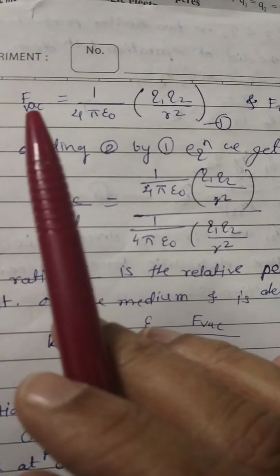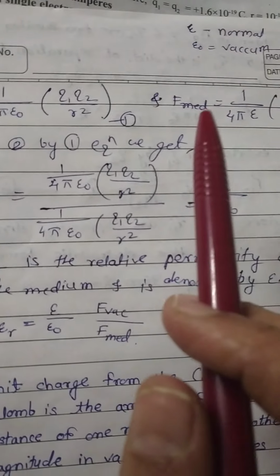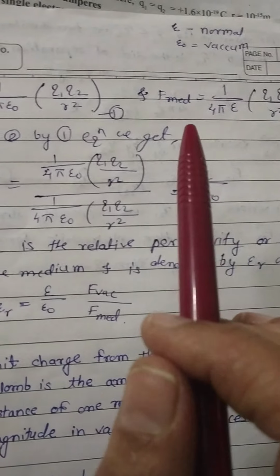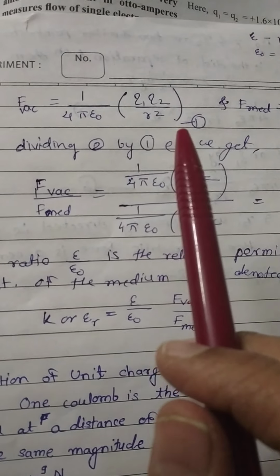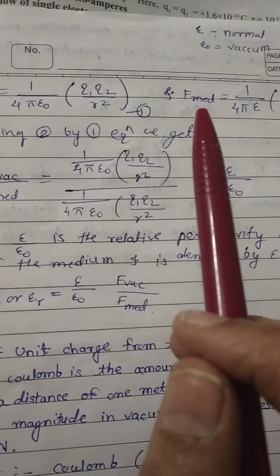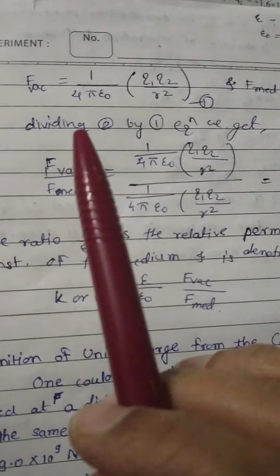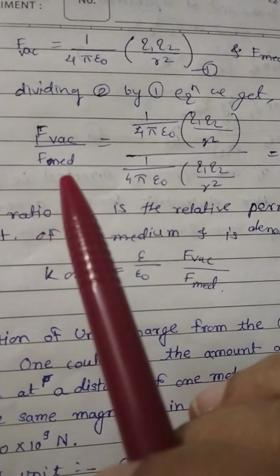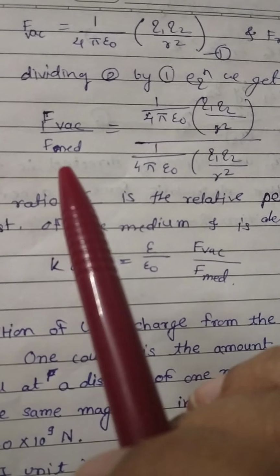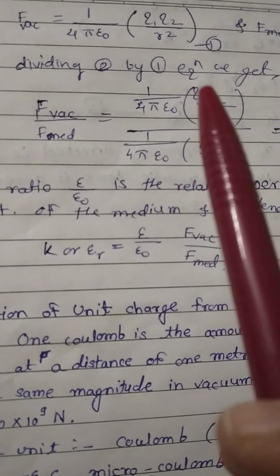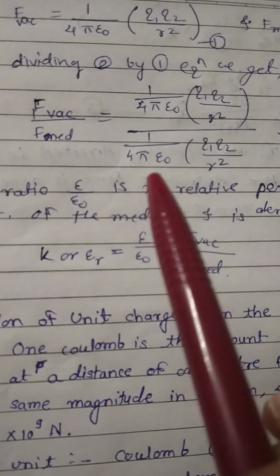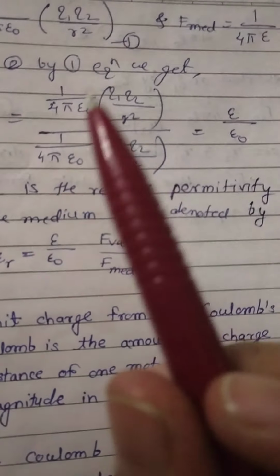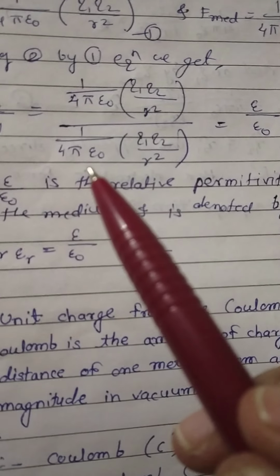This is Coulomb's law for free space or vacuum, and this formula is for F medium, for a medium such as water or mica. Taking F vacuum as equation 1 and F medium as equation 2, dividing equation 2 by 1, we get F vacuum divided by F medium equal to 1 upon 4 pi epsilon naught Q1 Q2 upon R square upon 1 upon 4 pi epsilon Q1 Q2 upon R square.